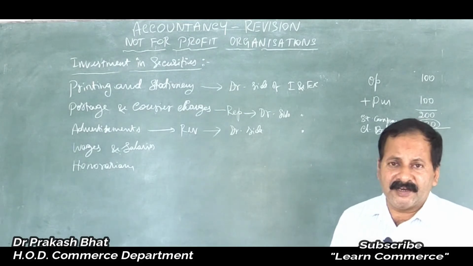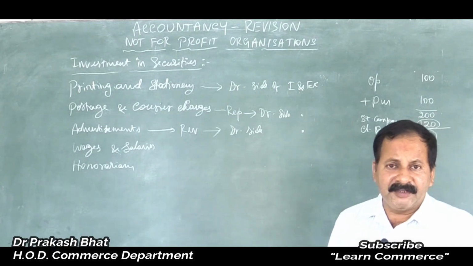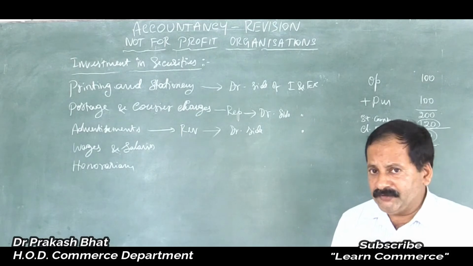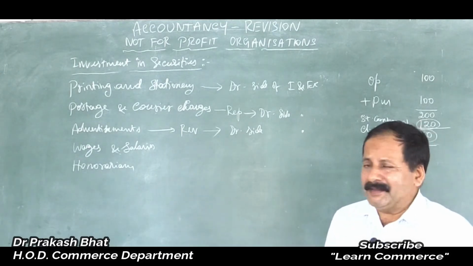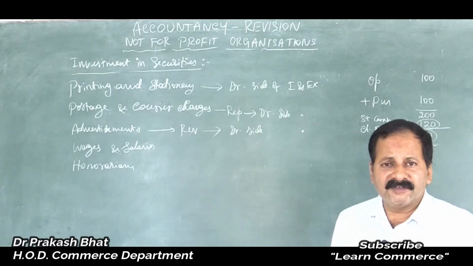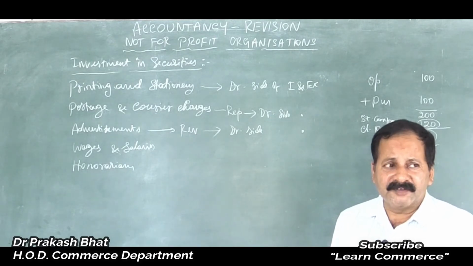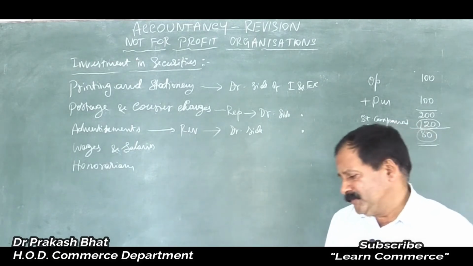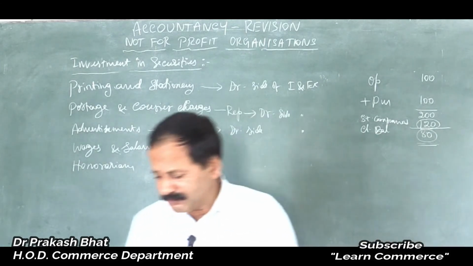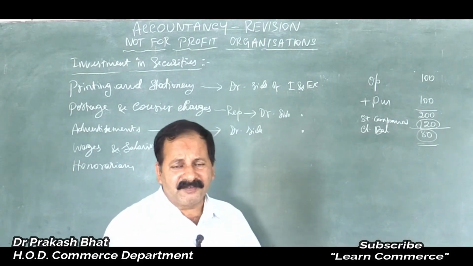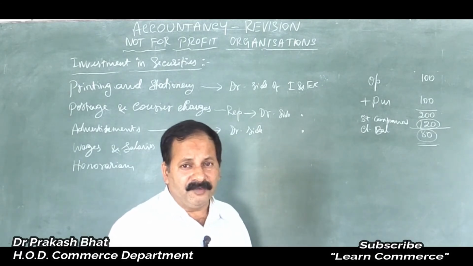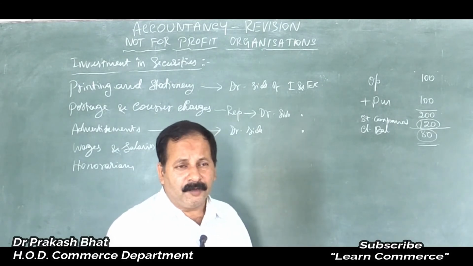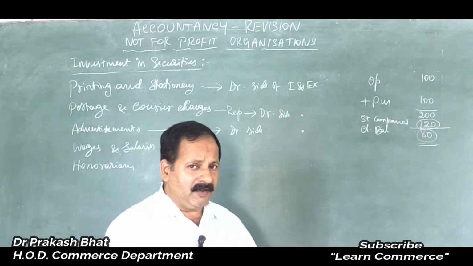It is not salary, because salary cannot be paid in case of a not for profit organization, as their income is very low, isn't it? One part-time secretary or one clerk will be appointed to look after the activities, because tiny payments are to be made, and some income may be received from members, new members may join, for preparing receipts, preparing final accounts, all those things.